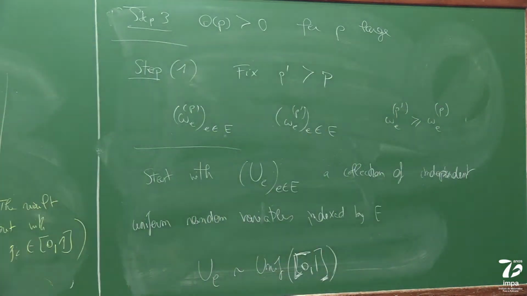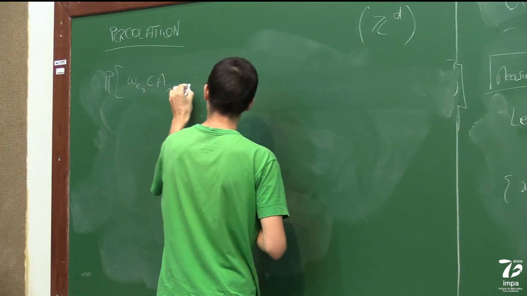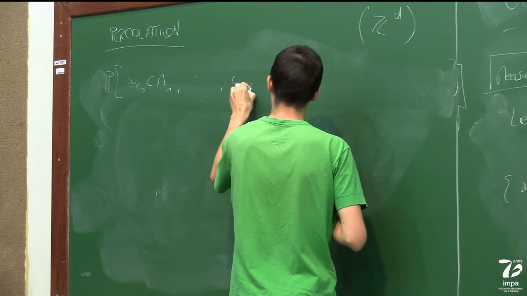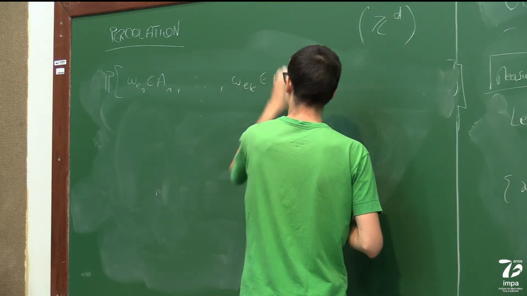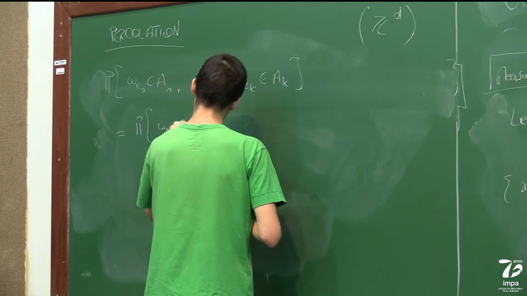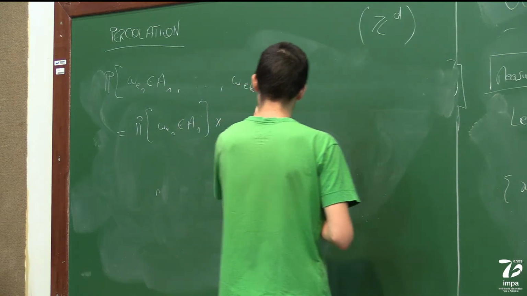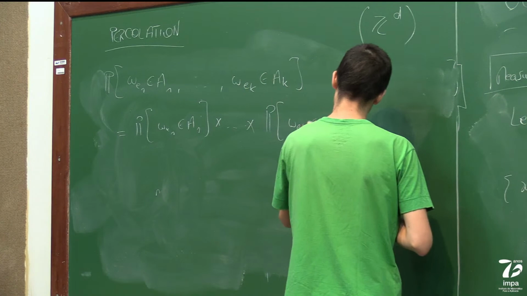And by independent, I just mean that if you take any finite collection of edges, the probability that U_e1 belongs to A1, ..., U_ek belongs to Ak is just the probability that U_e1 belongs to A1, times, and so on, times the probability that U_ek belongs to Ak.